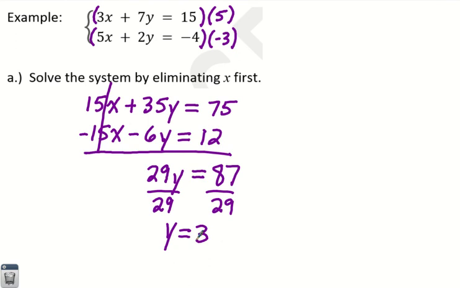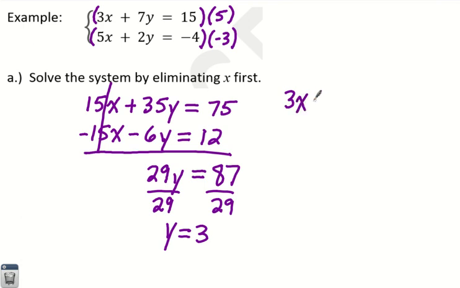Y equals 3. And now I can choose any one of these 4 equations. I'm going to choose equation number 1, the original one. Not that it's going to mean too much either way.